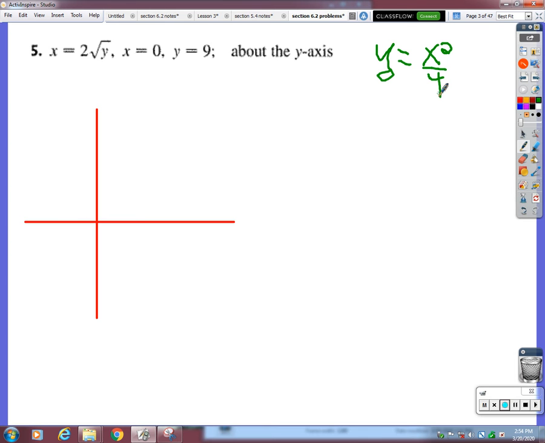So those are the same things. So x squared over 4 looks like a really fat parabola, because it's like 1/4 x squared, with its vertex at the origin and opening up. So that's this guy right here. x equals 0 is the y-axis, and y equals 9 is right there.